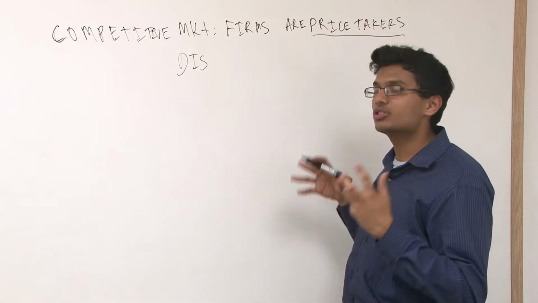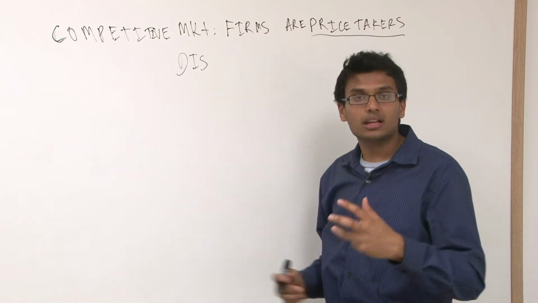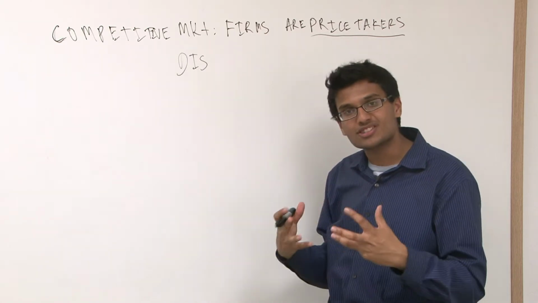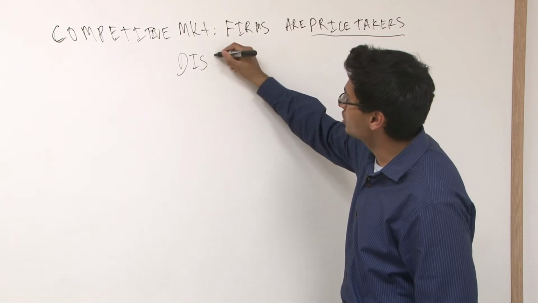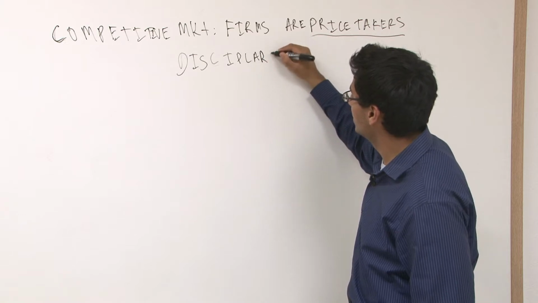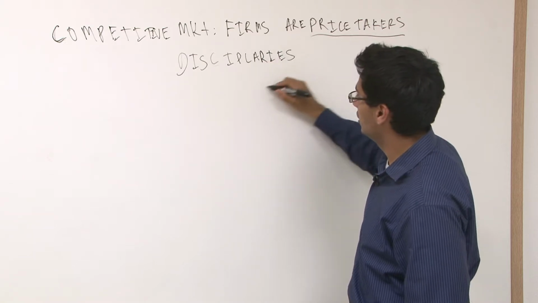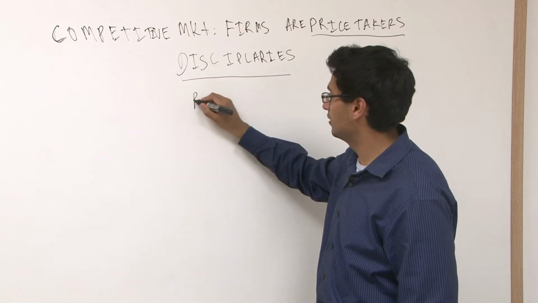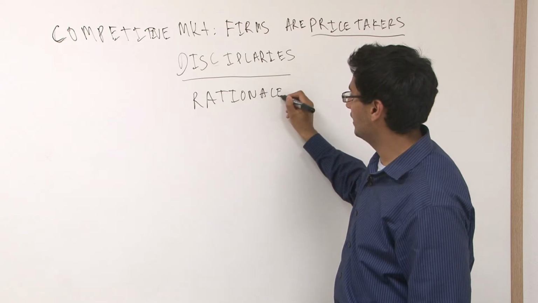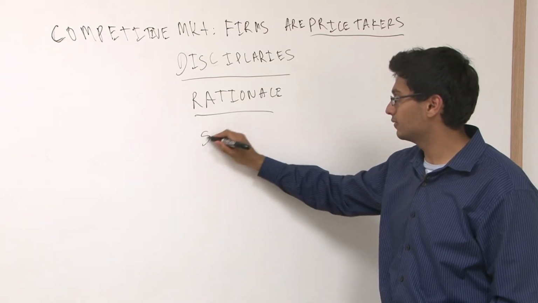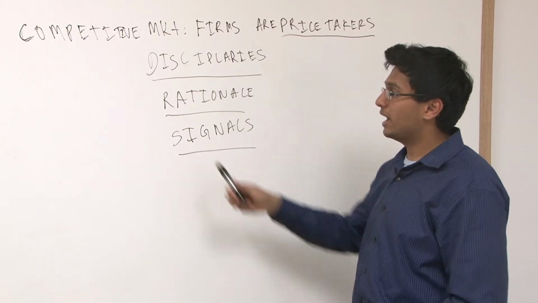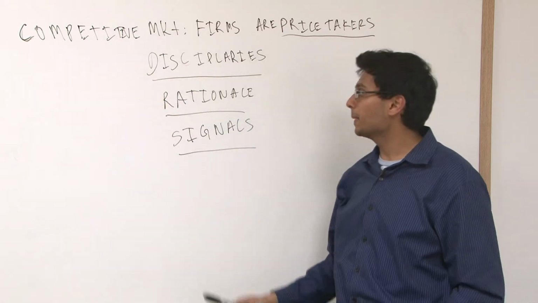It's not really necessary that you understand these particular terms, but it's important to understand the basic point behind them, okay? And these are all to do with the competitive market.